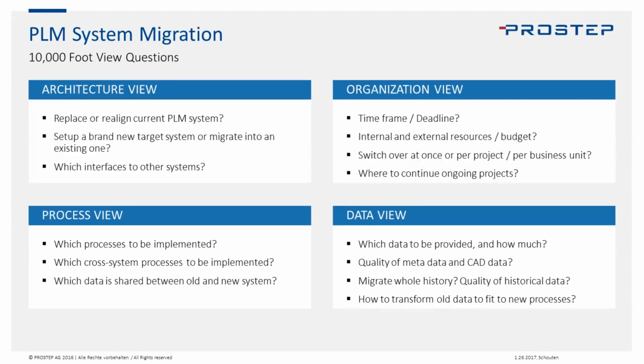How much data do you want to carry over, what is the quality of the data, do you want to migrate everything, and is there a large transformation of old data to fit the new processes? This might be due to different schemas of the PLM, because different systems handle things differently. One might have a part, one might have an item. Or also data conversion, like CAD data conversion, or moving up to a new revision of CAD data or something of that nature.